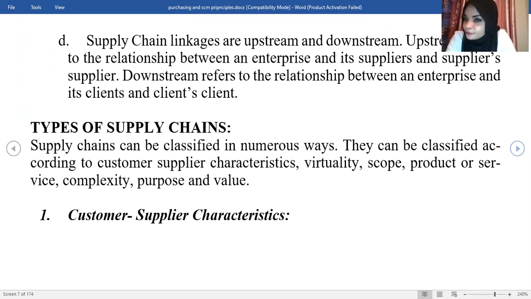When we talk about upstream, this refers to when you go backwards from the manufacturer to the supplier, then we are talking about the upstream part of supply chain. Then you have the downstream that goes down until you reach the ultimate customer. So in a simple definition, we can say supply chain is the upstream and downstream flow of materials and information from the supplier up to the customer.